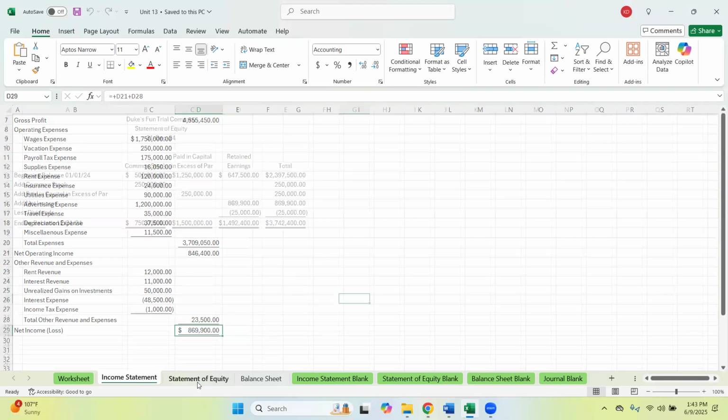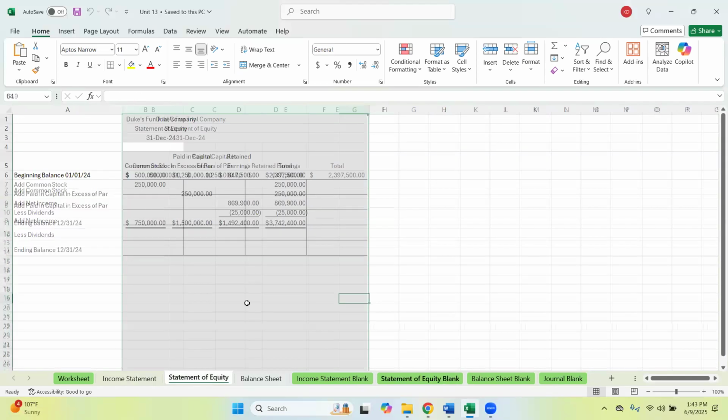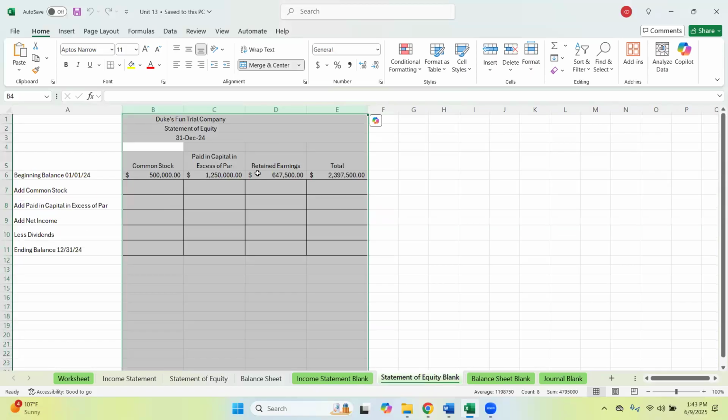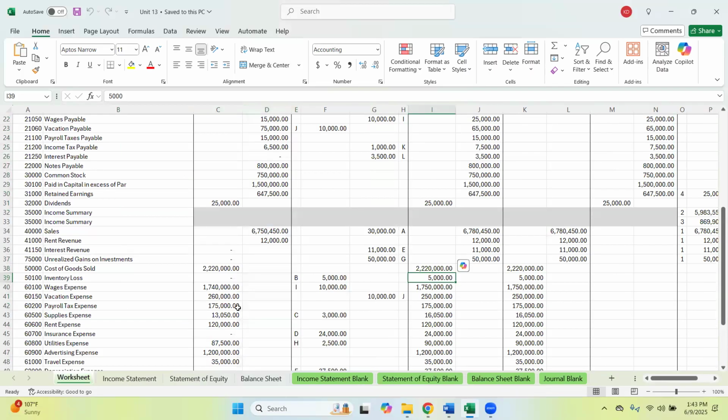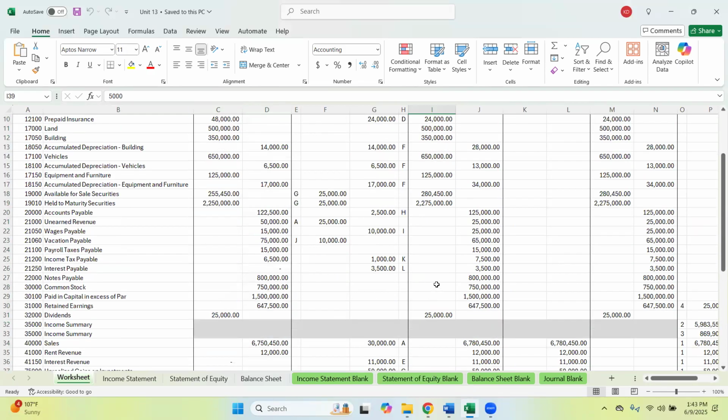Now, let's come over here to the statement of equity. I've given you, at least I think I did, the beginning balances, so you should be able to figure all that out. Now, in the worksheet, always when you're working with any of your financial statements, you use the adjusted trial balance. Coming over here, I'm looking at my common stock at 750.